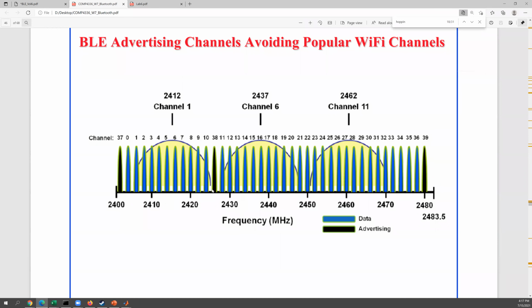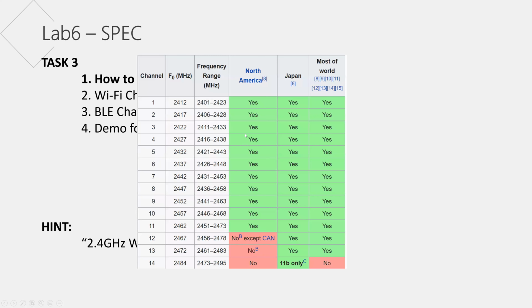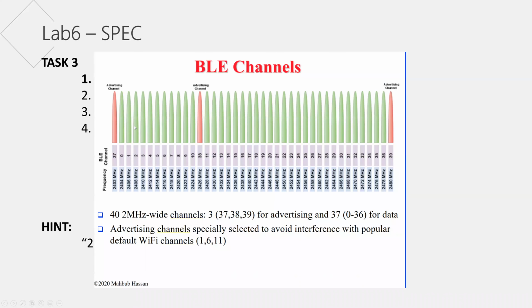But this image is not really clear. So we need to find the numbers by ourselves. Maybe you can use this chart here. For channel 1 in Wi-Fi, the frequency range is from 2401 to 2423. And for Bluetooth, you can see our lecture notes here.